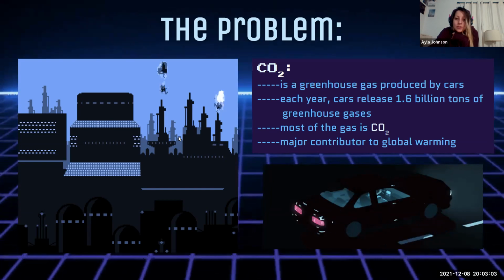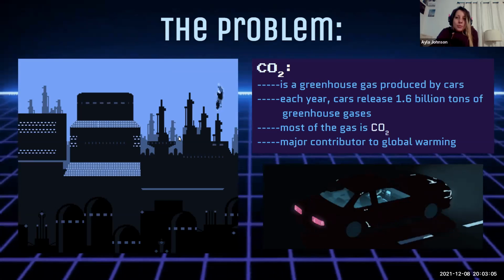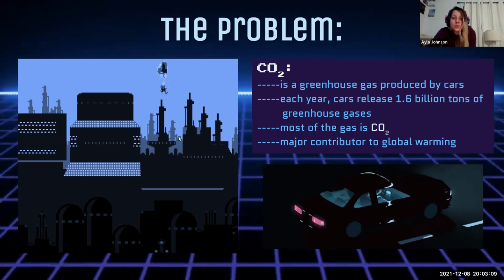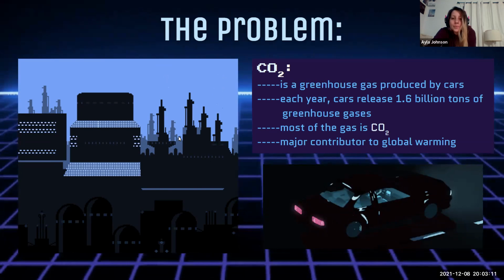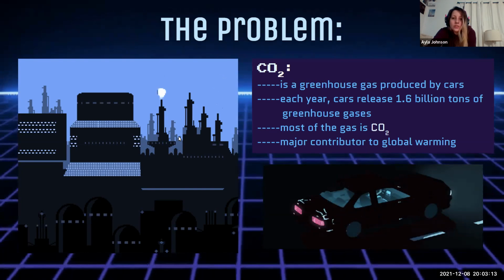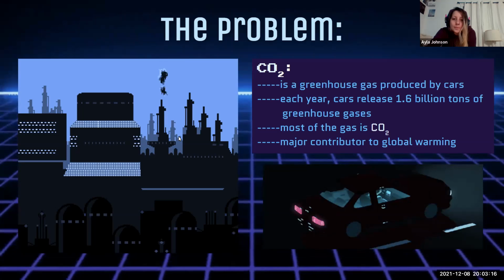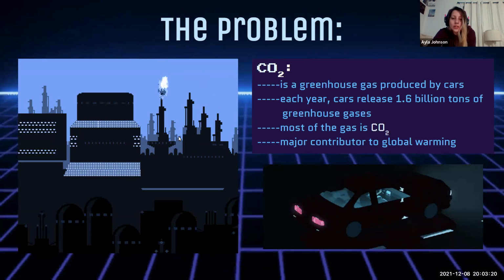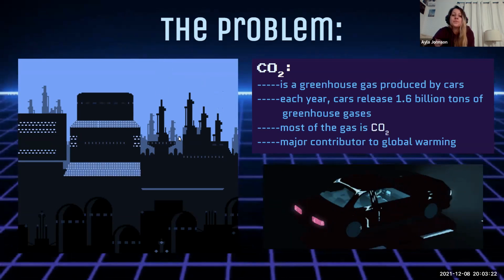There are a lot of different greenhouse gases, but carbon dioxide also contributes to depleting the ozone layer that's protecting us from harmful radiation from the sun. And most of the contribution to greenhouse gases is from carbon dioxide.